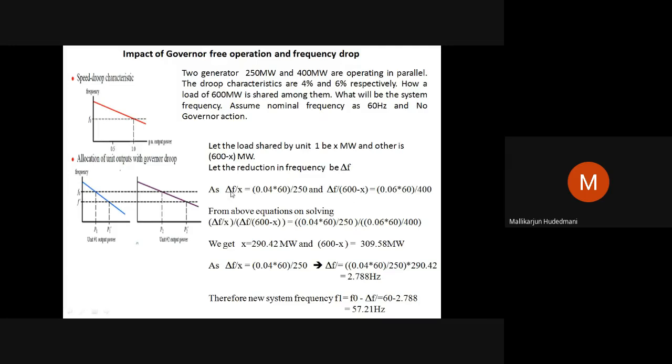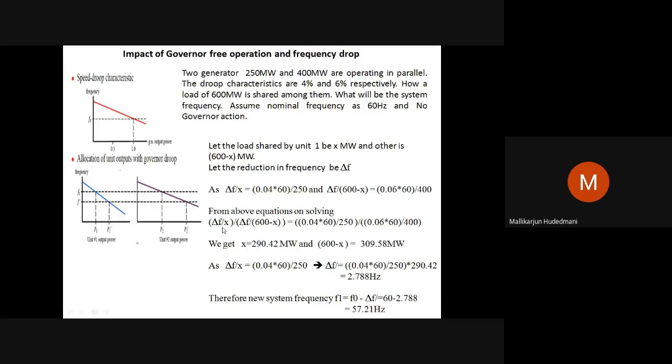If I take delta F by X divided by this term, delta F by 600 minus X, I am dividing equation 1 by equation 2, equal to the right hand side of this term divided by the right hand side of that term. First equation divided by second equation. Here delta F is common, cancelled out.